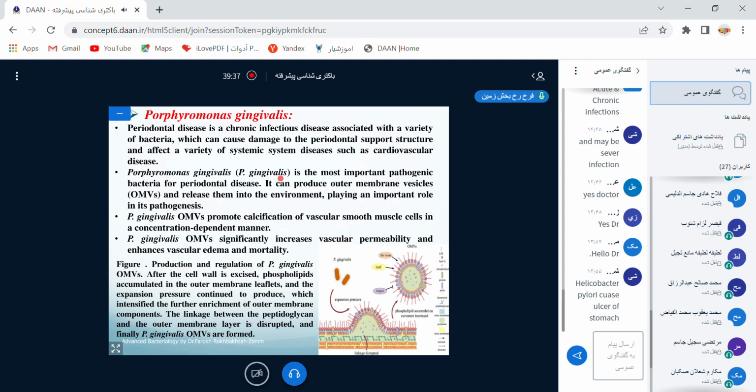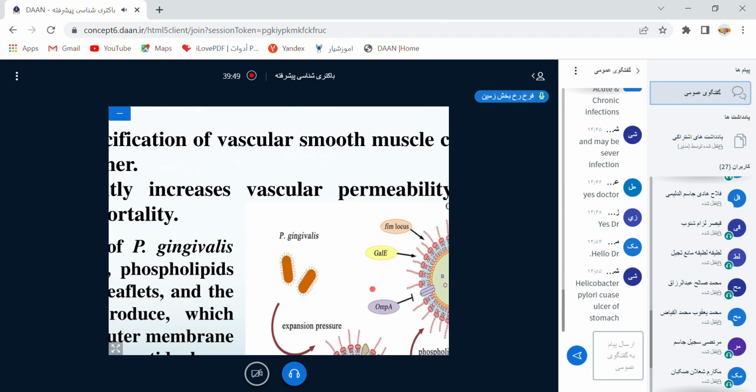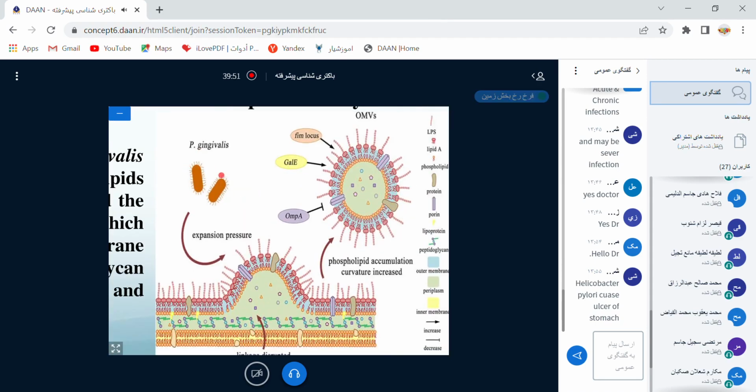This bacterium is the most important pathogenic bacterium for periodontal disease. It can produce outer membrane vesicles. As you see, this is the bacterium. It is a gram-negative bacterium.